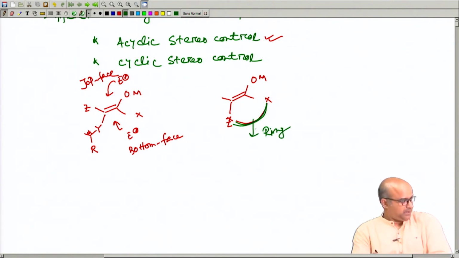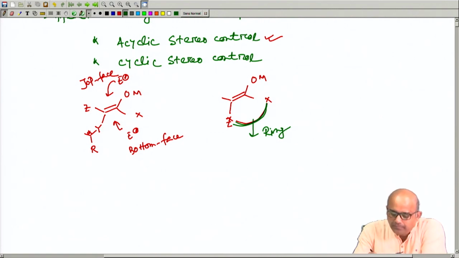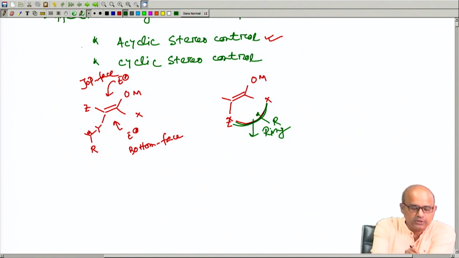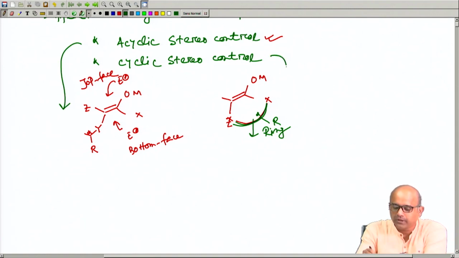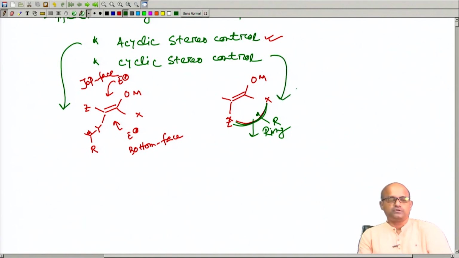In this ring you might have a pre-existing functional group with a stereocenter. So, this one is the first one, which falls in the category of acyclic stereocontrol, and the second one falls in the category of cyclic stereocontrol.